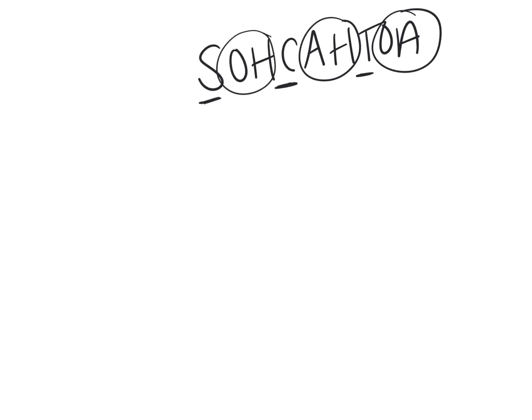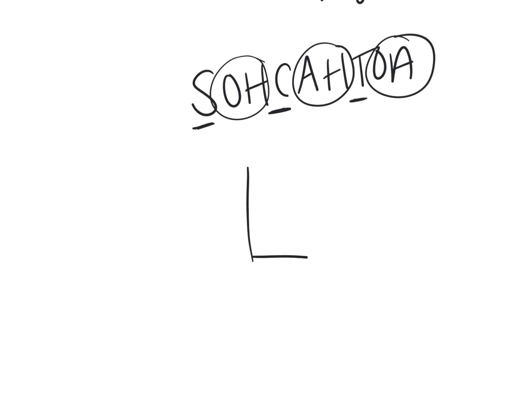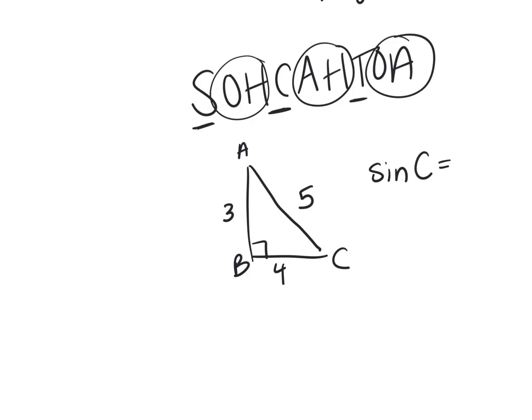So when you want to form ratios, let's say you have a triangle and the sides are 3, 4, and 5. And let's say your corners are called A, B, and C. If we want to find the sine of C, we go to angle C, we go across, that's called opposite.